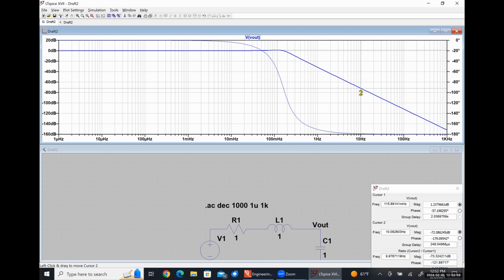Isaiah. So the 3 decibel cutoff frequency. Since your maximum is at like 1.25, would your 3 decibel cutoff be at negative 1.25, or would it be all the way down to negative?